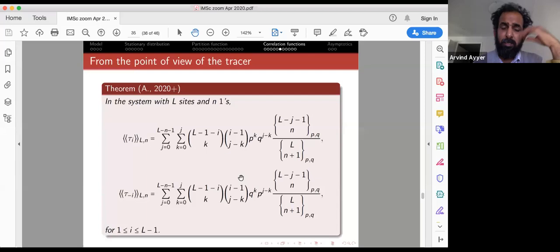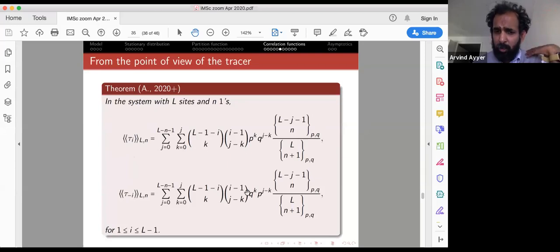So here's our result. It's a bit complicated, I admit. There's an exact formula for the densities as seen by the tracer, and it's a double sum. It involves some binomial coefficients, and it involves these ratios of restricted partition functions, both ahead and behind the tracer.